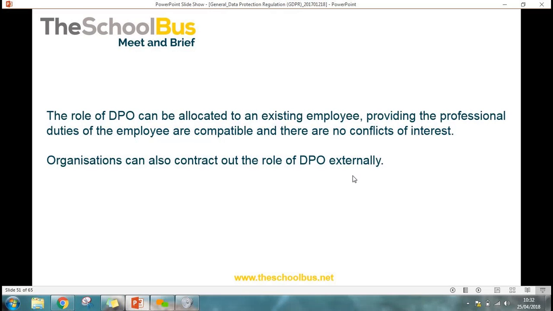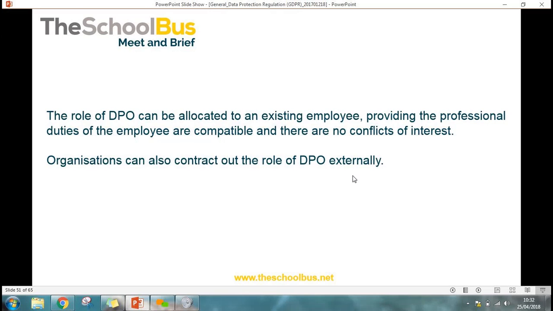Some school business managers will be responsible for choosing how data is processed within their schools, and if they are that person, then they cannot be the data protection officer. However, if the school business manager is more involved in how we process data in the student files or other personnel aspects, then they can have that remit. It really is a conversation between the head and the governors to identify the person.